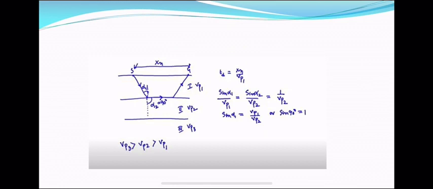Sin alpha 1 is equal to VP1 by VP2, since sin 90 degrees equals 1.